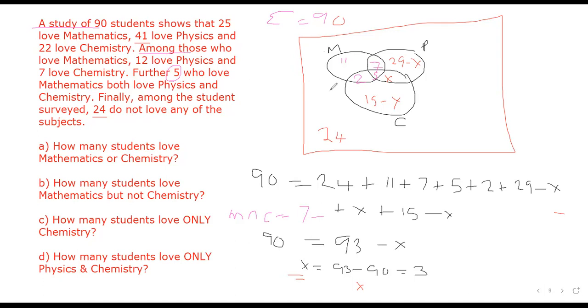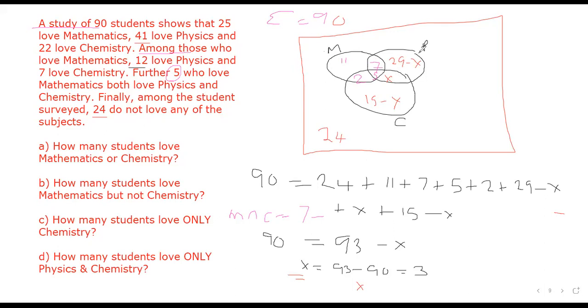we were not given the intersection. The examiner hid information, the intersection between chemistry and physics. So we just put in a figure. We were told the intersection between mathematics and chemistry was 12, so 12 have mathematics and also have physics.